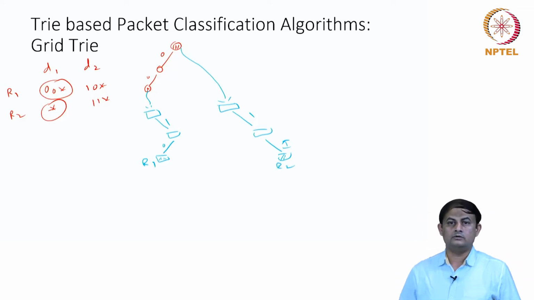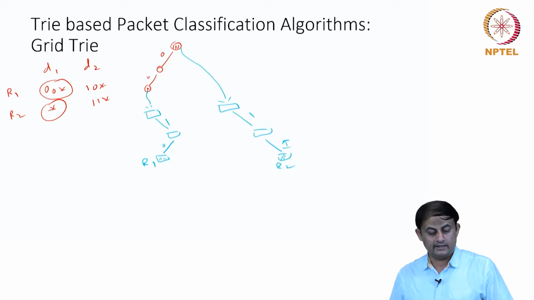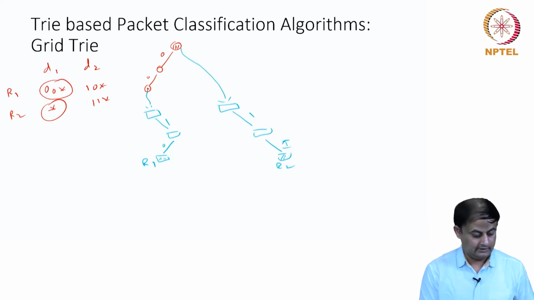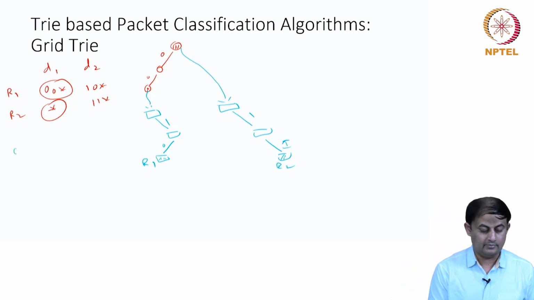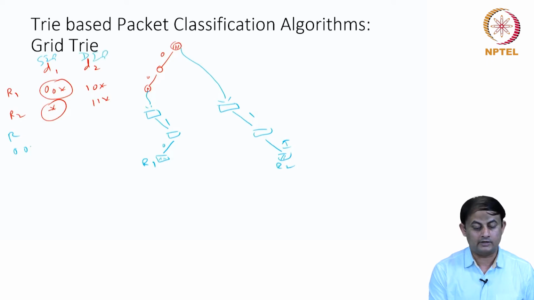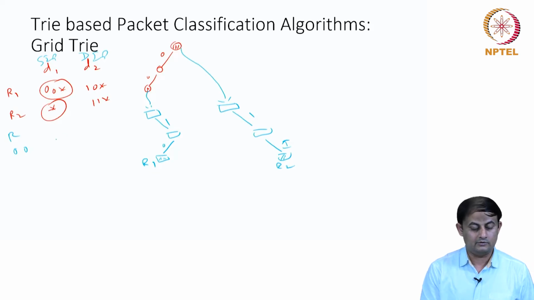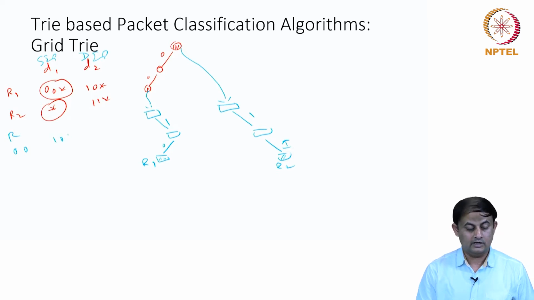And now what we said is in the set prune trie, if you get an input packet, assuming D1 is the source IP address and D2 is the destination IP address, and this packet has the source IP address starting with the prefix 0 0, and the destination IP address is let's say 1 0 star.